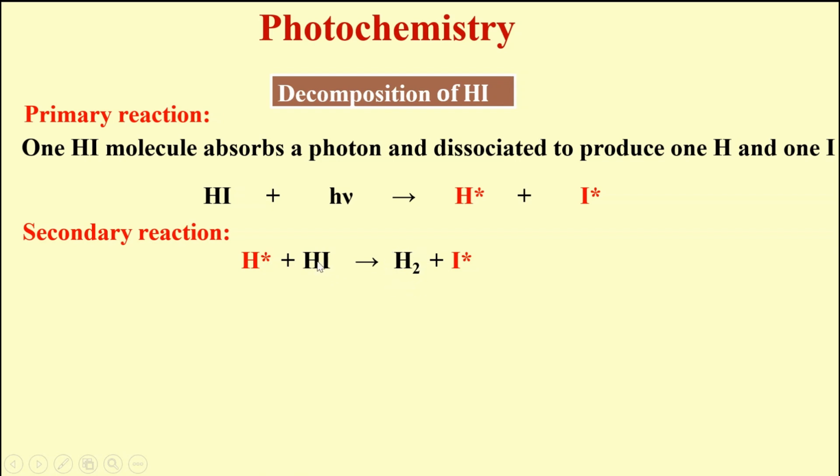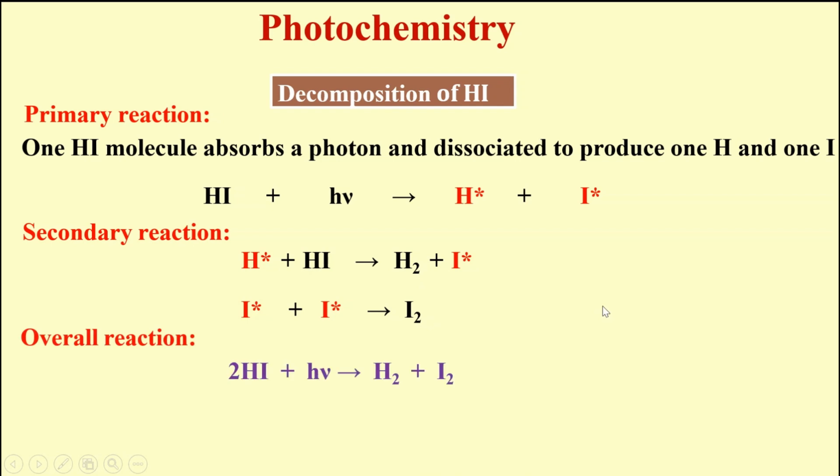As one electron has been taken away by this hydrogen, one electron remains with iodine, and this gives rise to an iodine radical. Then the iodine radical which is formed again reacts with the iodine radical formed before and gives rise to iodine. Hydrogen iodide gives rise to hydrogen and iodine.